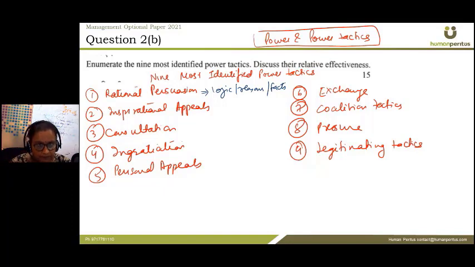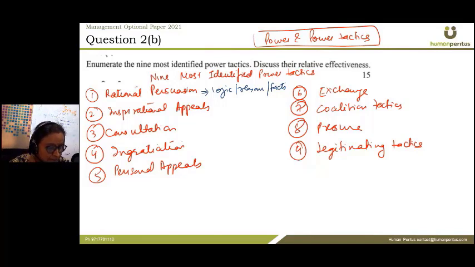We need to define it as well as give examples along with that. Example in rational persuasion, what can be the example? Like for example, whenever the departmental heads need to present a certain budget or sales forecast, they have some logic or reasons and they must be showing facts in the presentation, right? So that comes into rational persuasion.